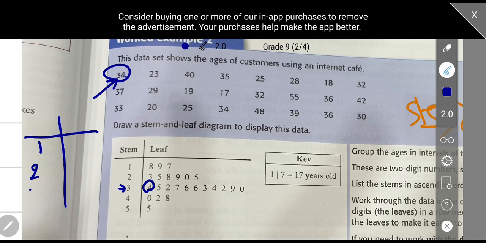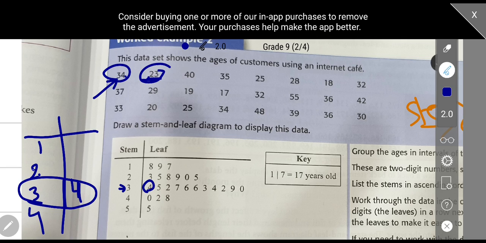I have 1, 2, 3, 4 to show you how we can write it. Now 34, so 3 and 4. If I go to 23, where will I go? The stem is 2, so we will put 23 in the 2 stem. So 2 and 3. Look here, 2 and 3, 3 and 4.